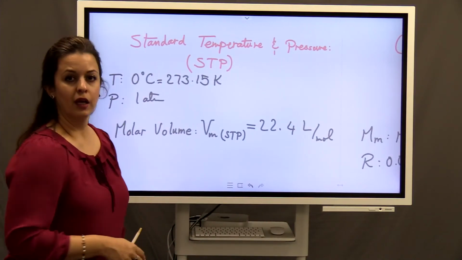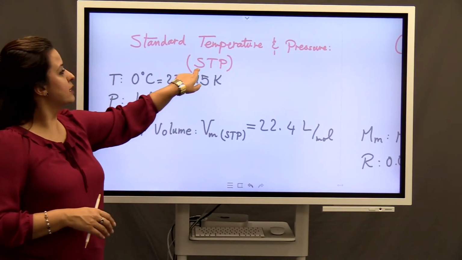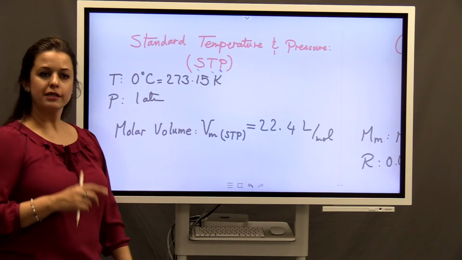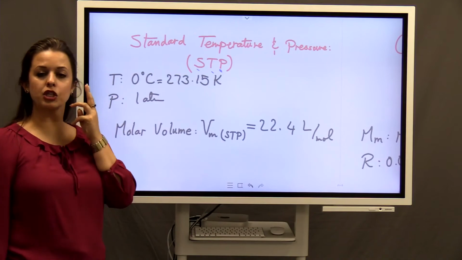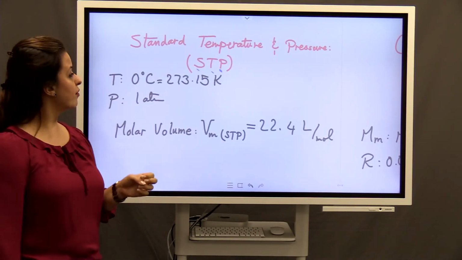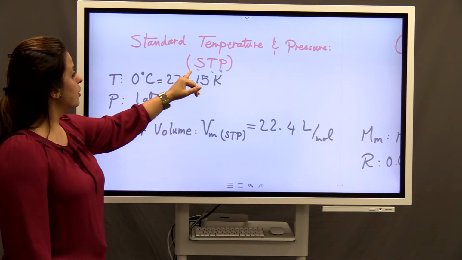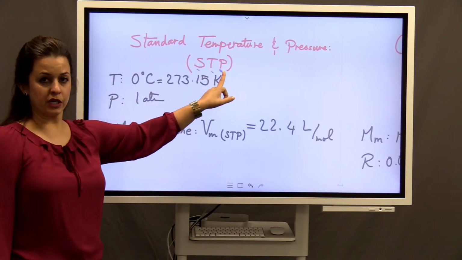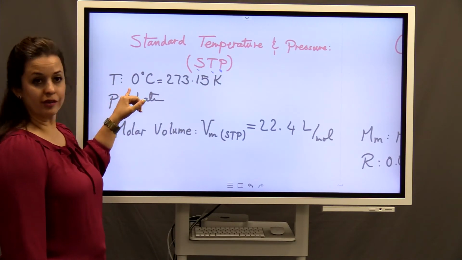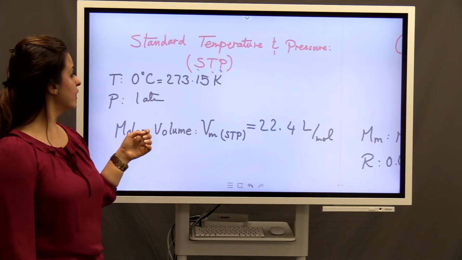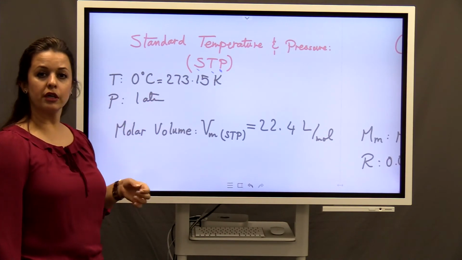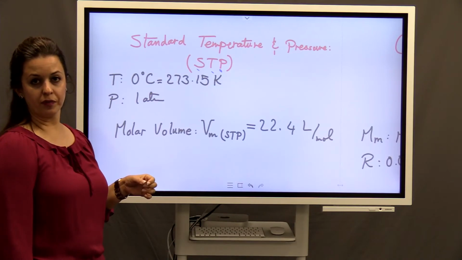One more thing. If you see these three letters, STP, these three letters contain two important pieces of information for you. Standard temperature and pressure. Standard temperature is 0 degrees Celsius, which is 273.15 Kelvin, and standard pressure is 1 atmosphere.